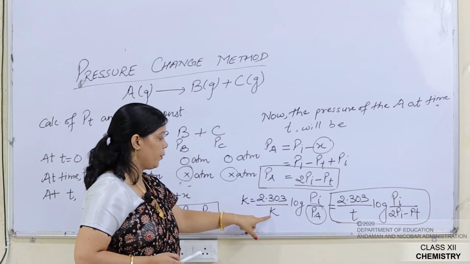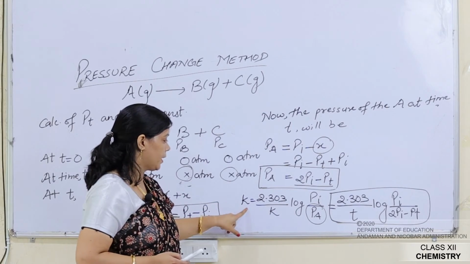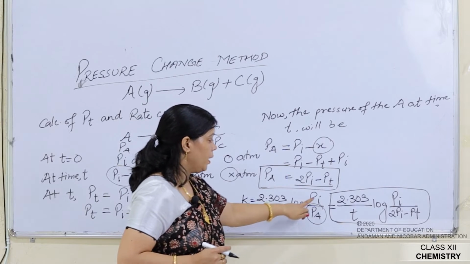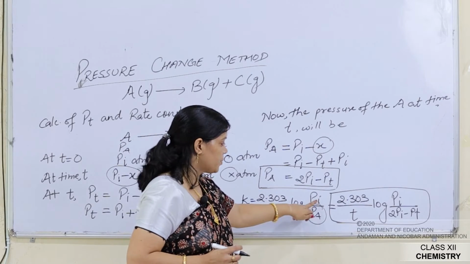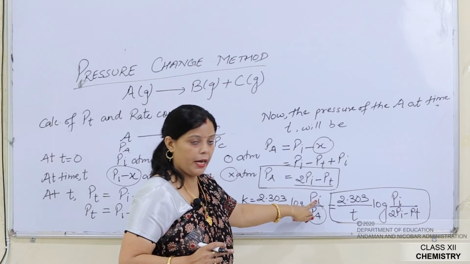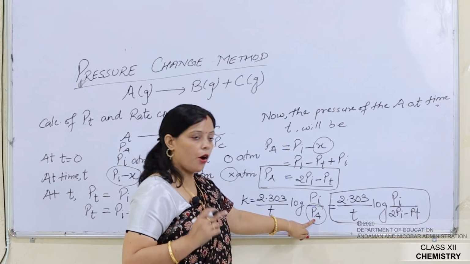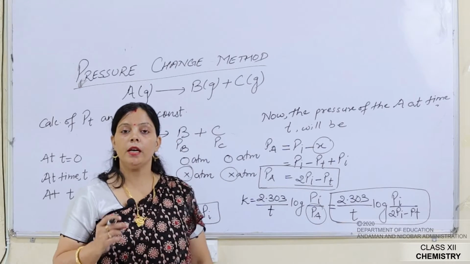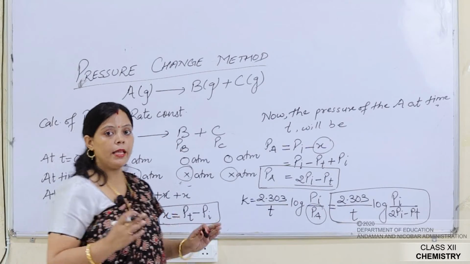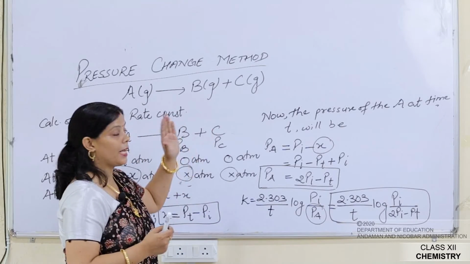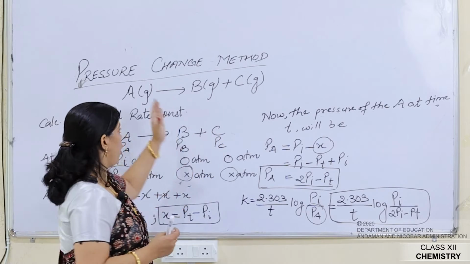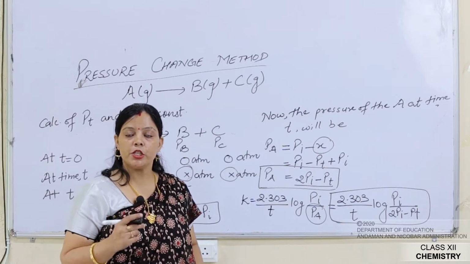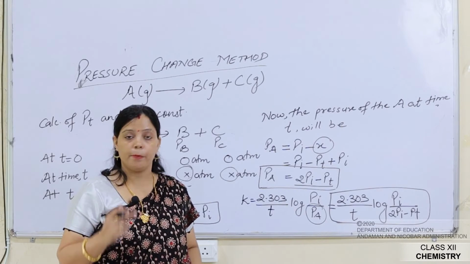So the integrated rate equation for the gaseous first order reaction can be written as k = 2.303/T log Pi/Pa. Here Pi is the initial pressure of the component A and Pa is the pressure of component A at time T. If PT is the total pressure due to all the components, meaning the total pressure exerted by the gaseous mixture of A, B and C, then PT is equal to Pa plus Pb plus Pc.